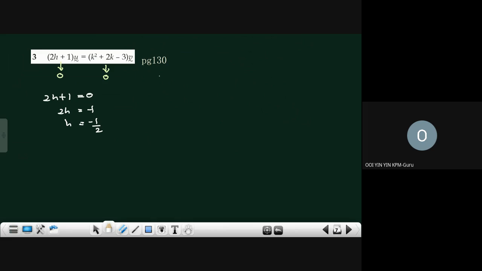And then your k here: k squared plus 2k minus 3 equals 0. If you see the square here, it is a quadratic equation, you know what to do, right? Factorize. There's no other way to find k, only this. This one is very easy, actually no need to calculate. 3 has only one solution, that is 3 multiplied by 1.